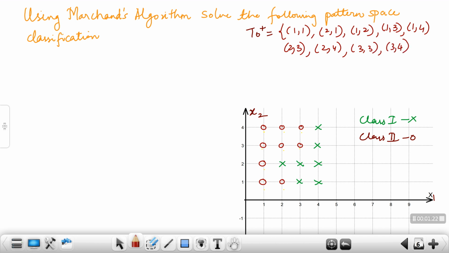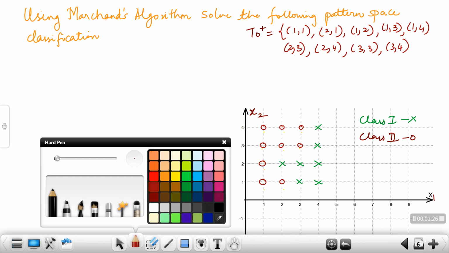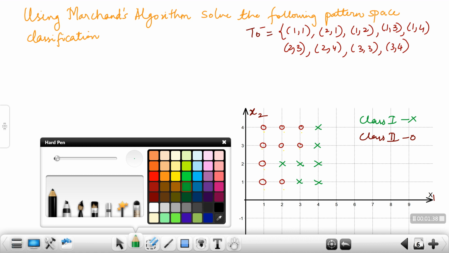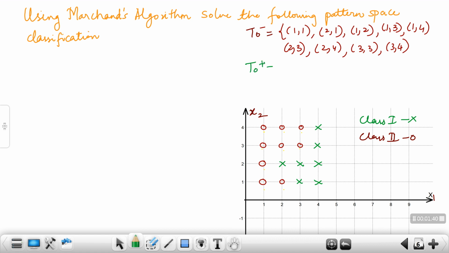So these are the points which belong to class 1. Class 2 I have written, please note this is not T0 plus but this will be T0 minus. I have written T0 minus first, then we see what is T0 plus.